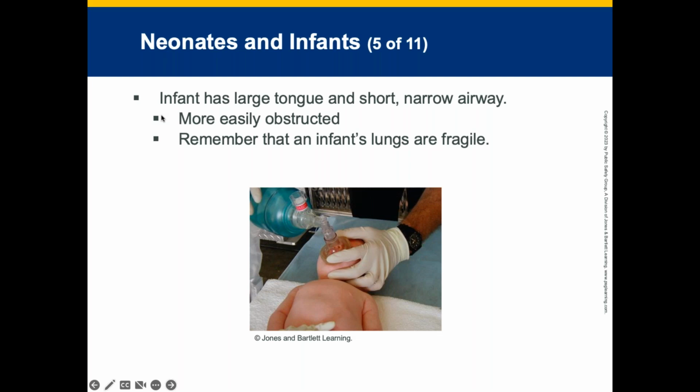Without cartilaginous rings strong enough to support the trachea to stay open, we're going to have them close off. So we want to make sure that we are definitely padding underneath the shoulders. If we're doing anything with airway management for a pediatric, we have to have them sit up.